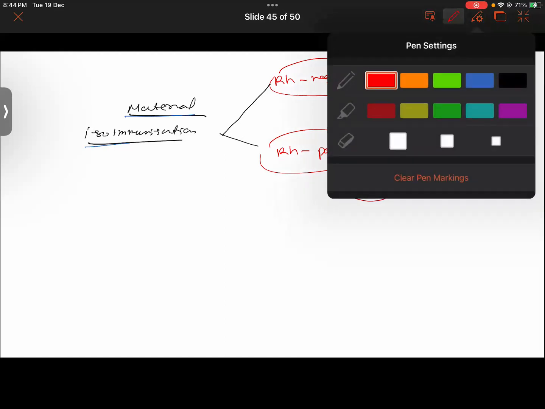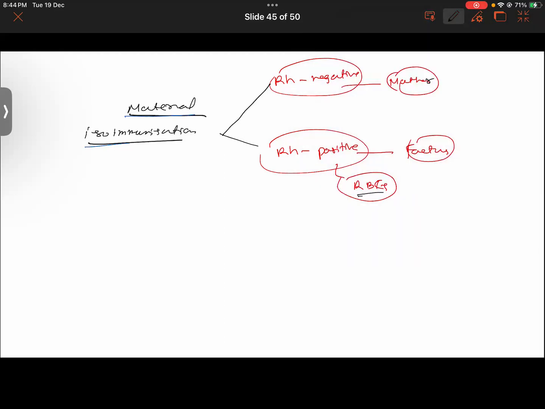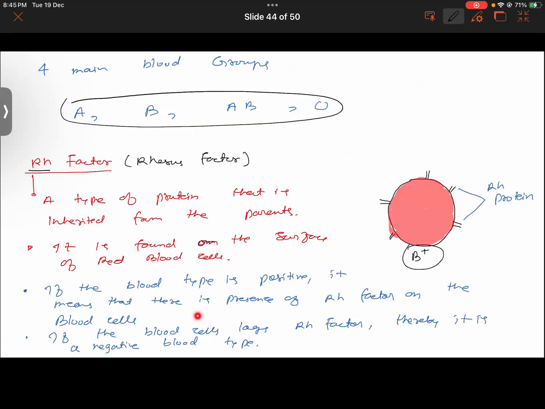It's a little bit complicated, but just understand it like this. Getting it? If the mother is Rh negative and the baby is Rh positive, then it will be harmful for the health of the baby. Just understand this part. Okay, coming back to the blood types. So this thing I hope is clear to everyone, like why a certain blood type is positive and why a blood type is negative.